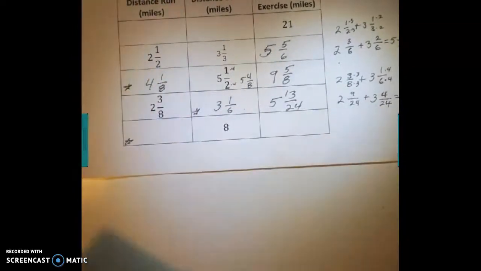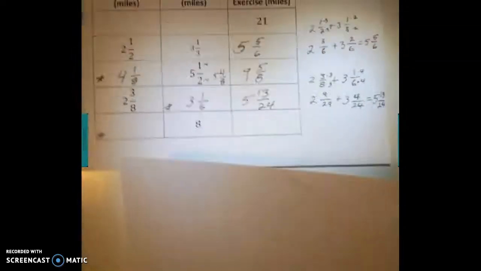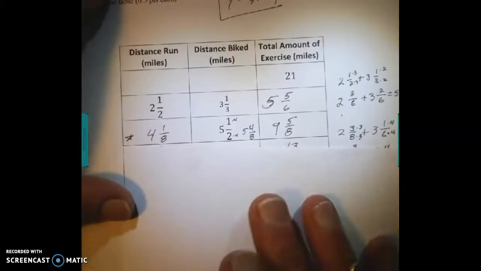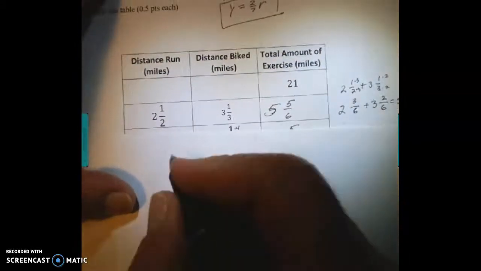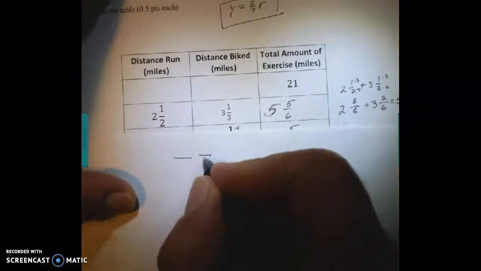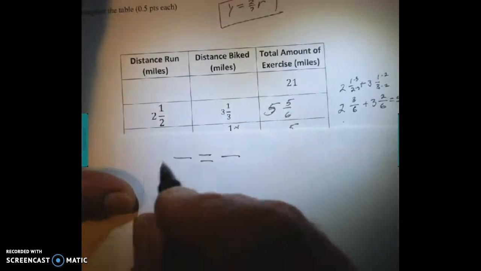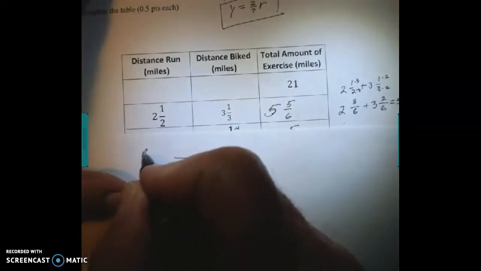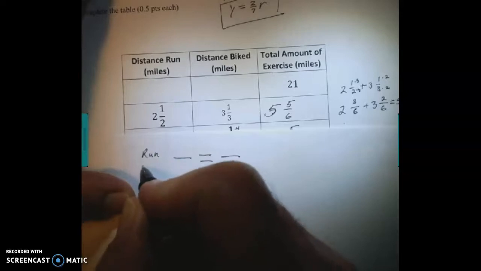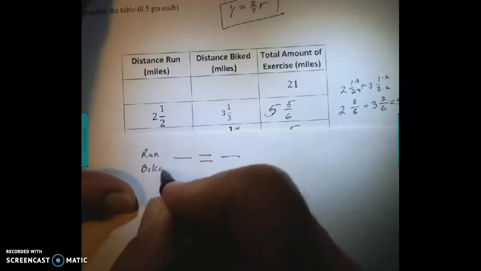Alright, so I'm going to again set up a proportion. I am going to start like I've been starting every time. Line equals line. And the information they gave me, I'm going to put in, it's going to be run over bike.